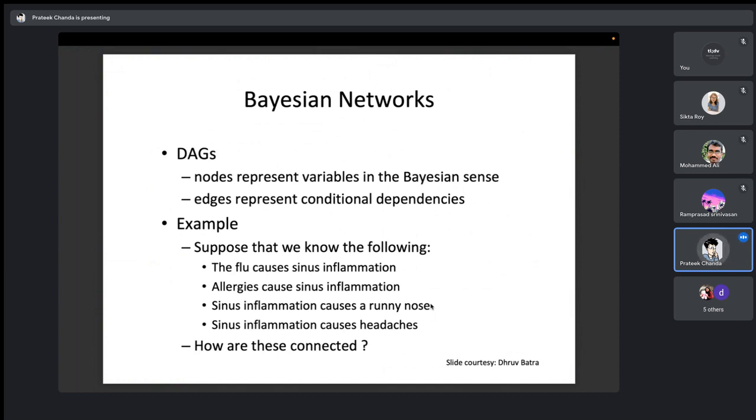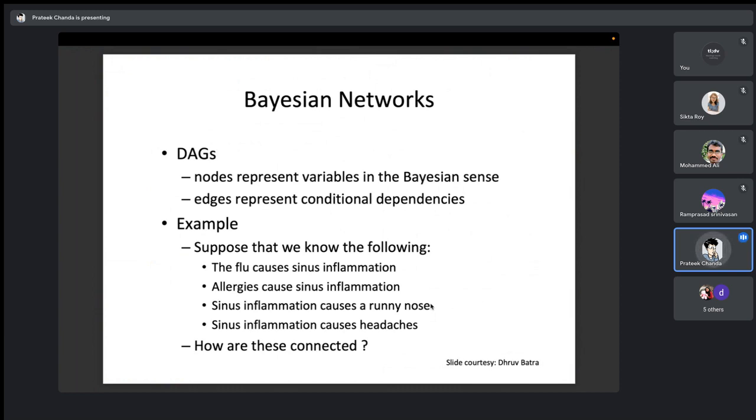The nodes in the graph represent variables in the probabilistic or Bayesian sense, and edges represent conditional dependencies. Note the word conditional dependencies. In the case of undirected graphs, we mentioned that the edges represent correlation between variables, but here it's conditional dependencies. So there's a difference.